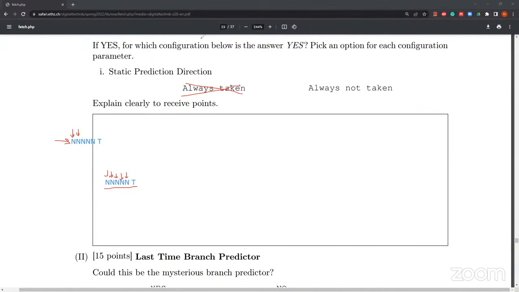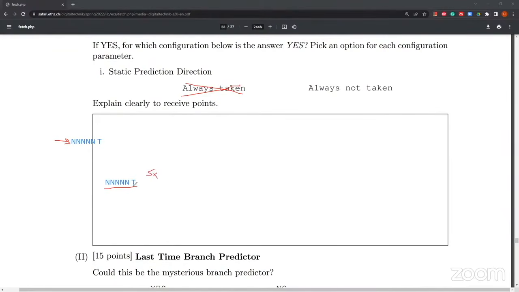Well, then we will correctly predict for the first, oops, that's not what I meant. Yeah, so those not taken branches will always be correctly predicted. And then we will do 1 misprediction here for this taken branch. And then we will do this 5 times, right?